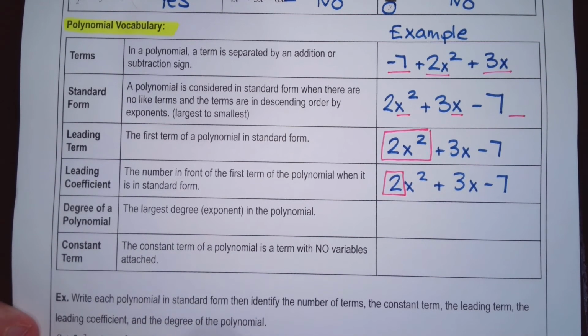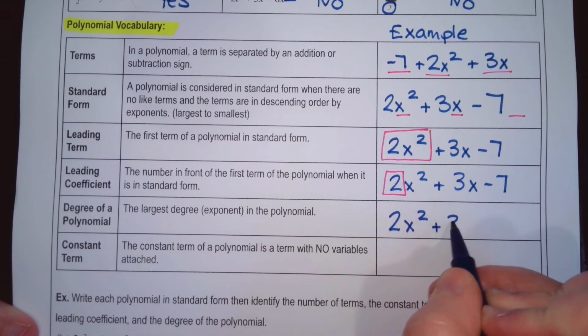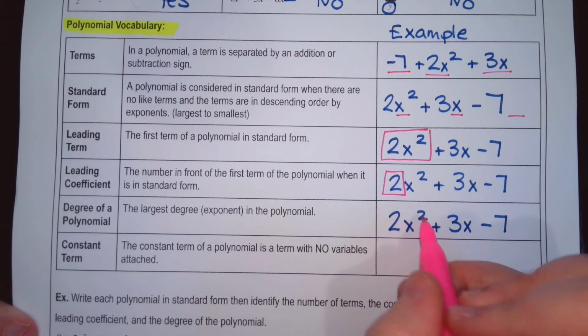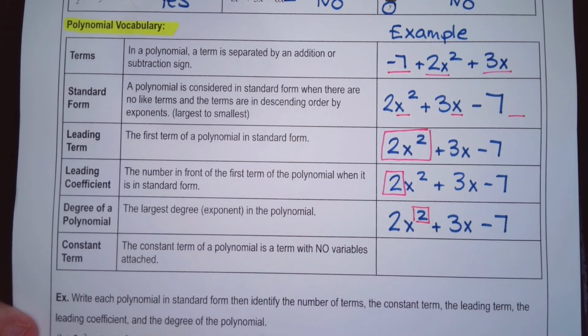Next, the degree of a polynomial. The largest degree, also known as the exponent, in the polynomial. When you have it in standard form, that is going to be your first exponent. So here, my degree would be 2 because that is the largest exponent.